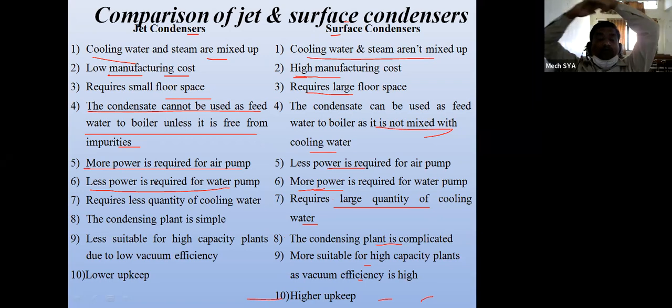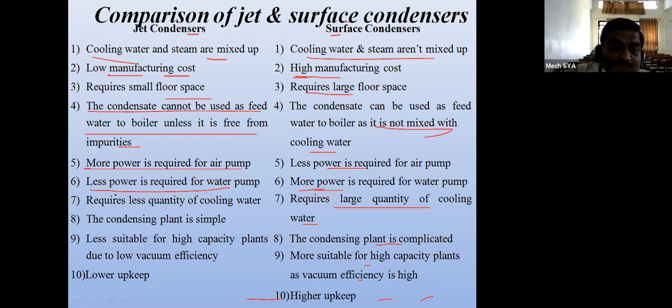For the water pump, in a jet condenser the water only mixes with the steam, therefore less power is required. In a surface condenser, more power is required for the water pump because we have to circulate the water through the tubes, so the pressure difference is much higher. The jet condenser requires less cooling water because its efficiency is higher and there is no direct loss, as the water mixes with the steam.